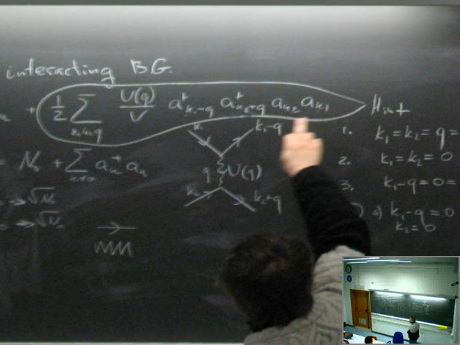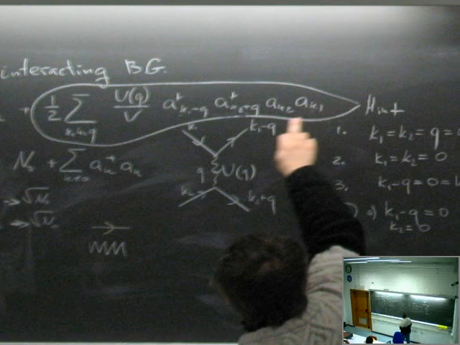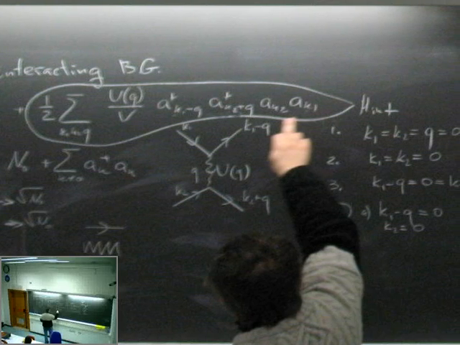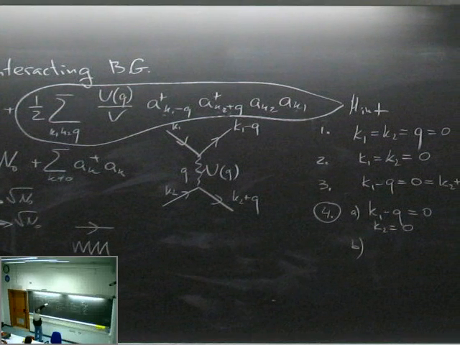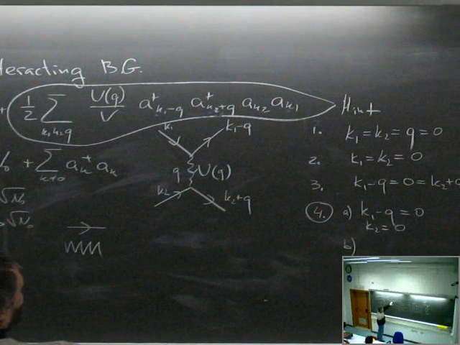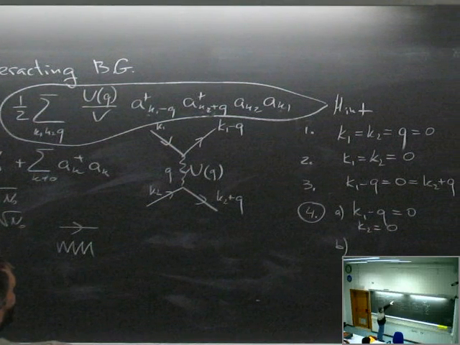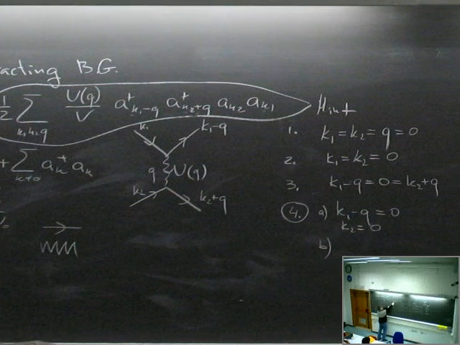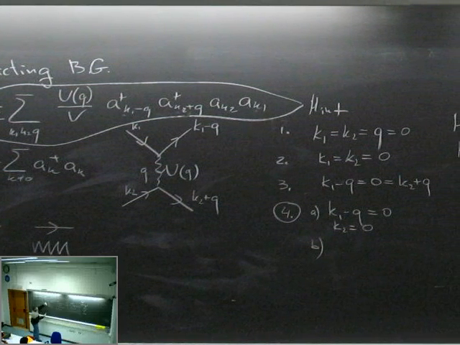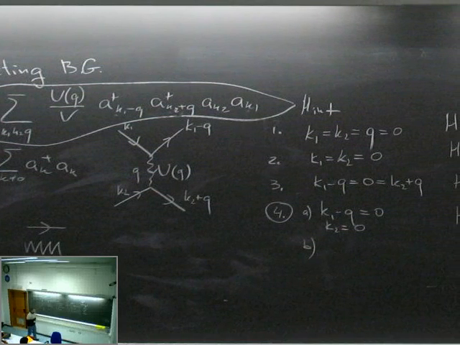Plot the diagram yourself for this as part of homework. It's very easy. K1 minus Q is equal to 0, so I have to replace this by a wiggly line, K2 is equal to 0, this by a wiggly line. So this one is this wiggly stuff, and these are straight.